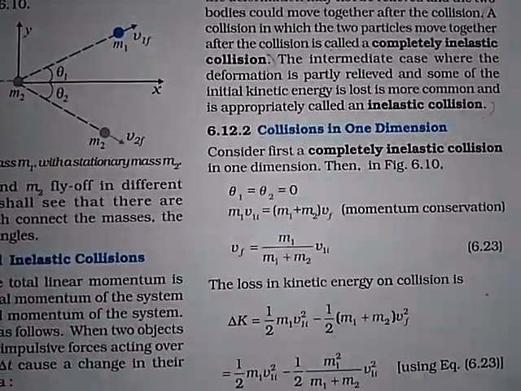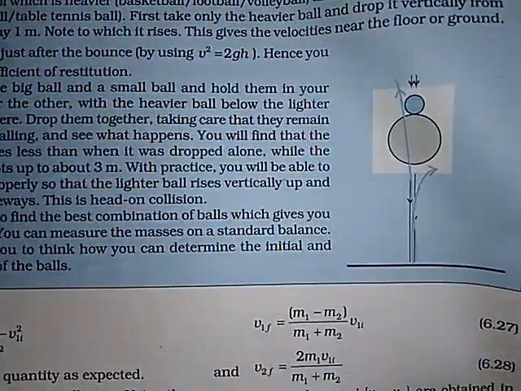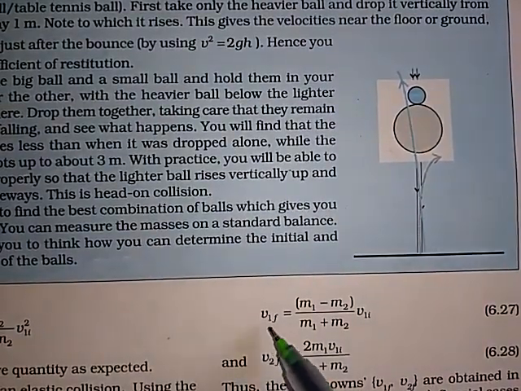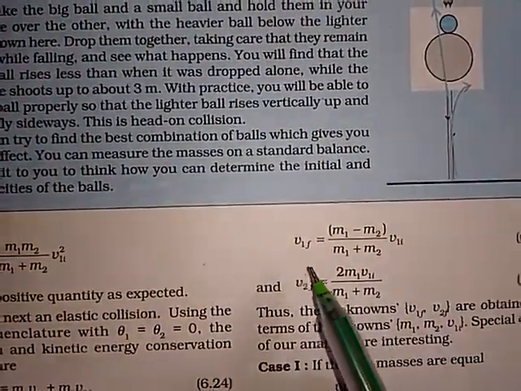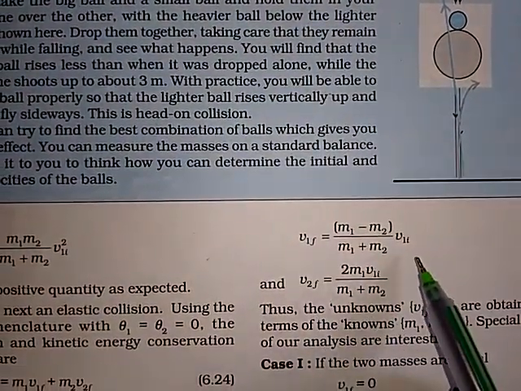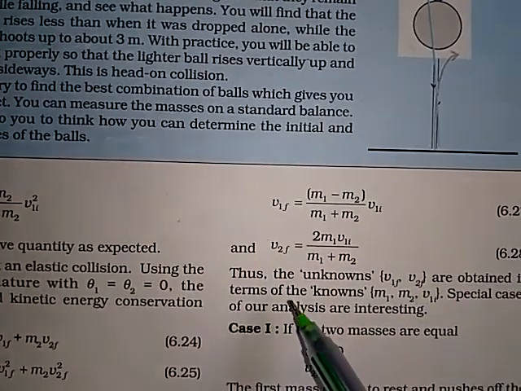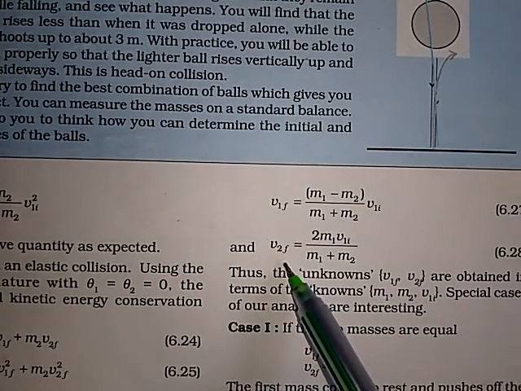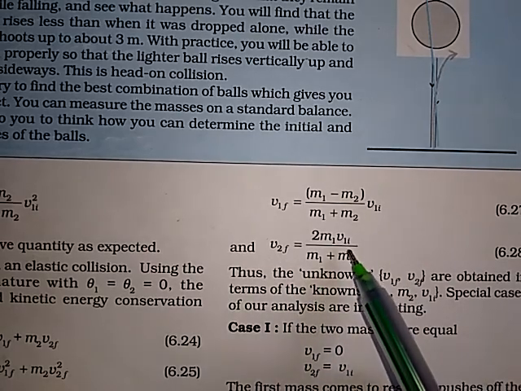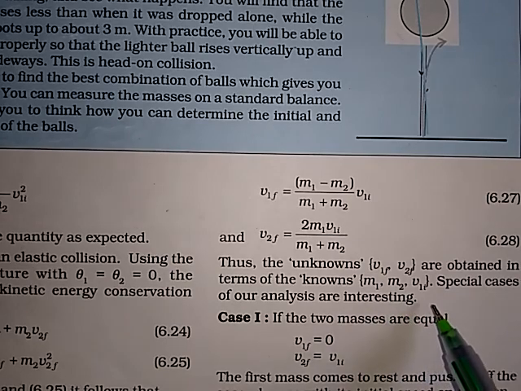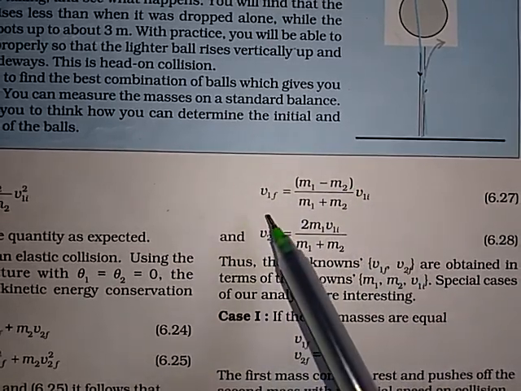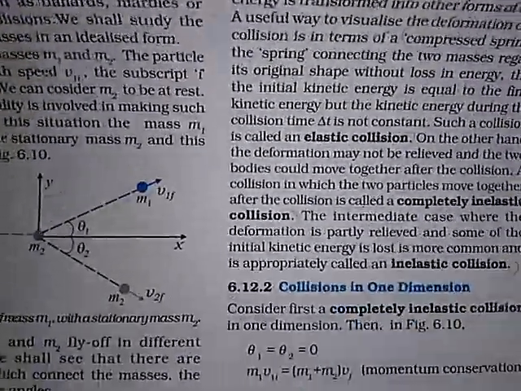In that case, we have derived the final velocity of object 1 in terms of its initial velocity, and the final velocity of object 2 in terms of initial velocity. So we know the three terms m1, m2 and v1i, therefore we can always find the velocities v1f and v2f. So that's all about collisions in one dimension.